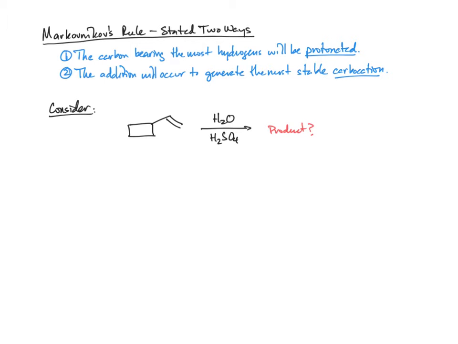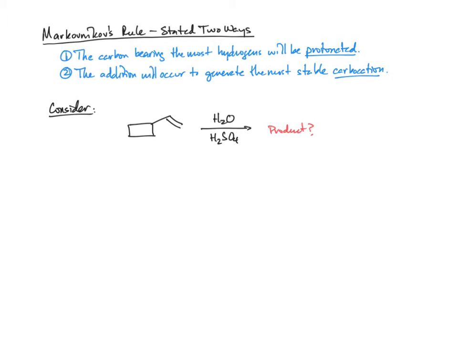So that's an example of where the electrophile is a proton. But in general, statement number 2, the addition will occur to generate the most stable carbocation. Statement 1 is really pertaining to acids, and statement 2 is pertaining to electrophiles in general.